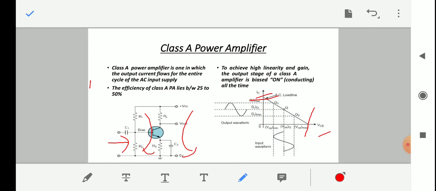So by changing the values of R1, R2, RL and RE, we can change the location of the Q point.